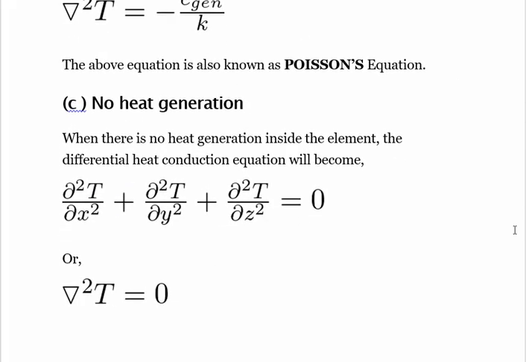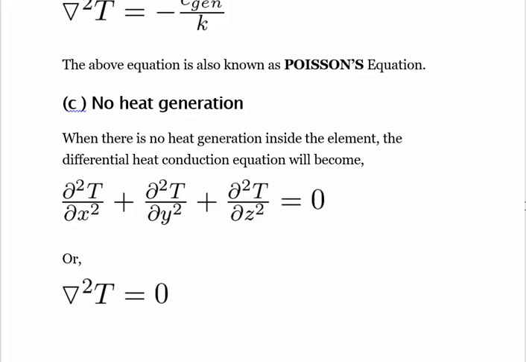Let's discuss the next case, that is no heat generation. When there is no heat generated inside the element, then the heat generation term becomes 0. It means from the last equation, the heat generated divided by the thermal conductivity is also 0.